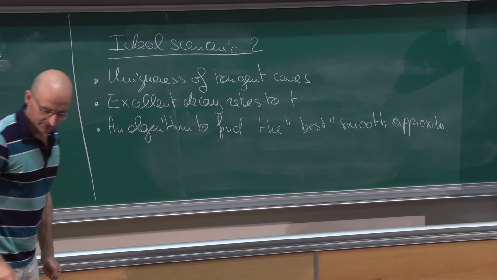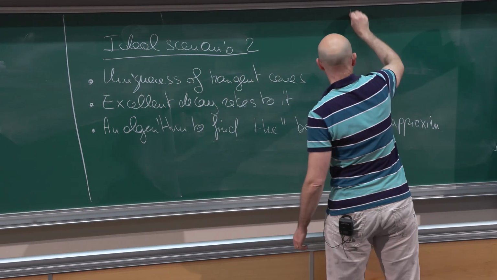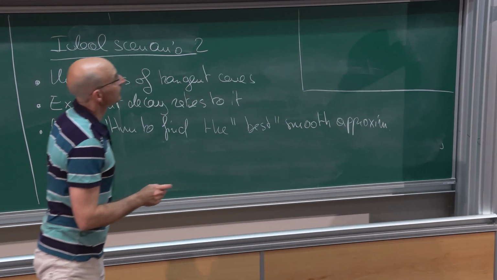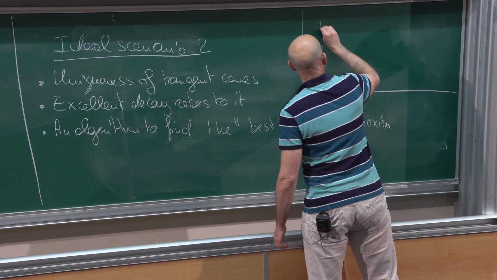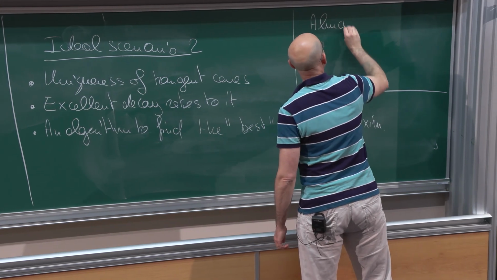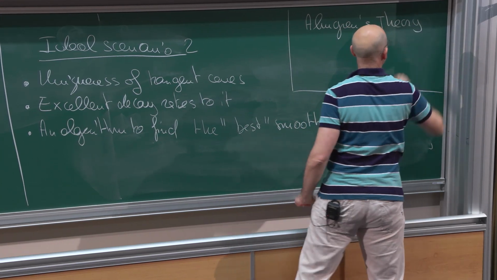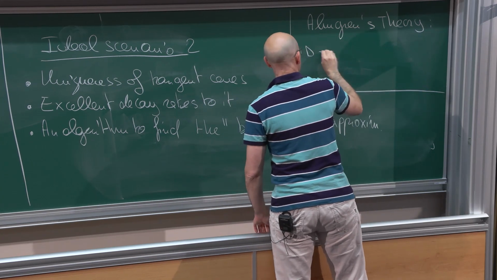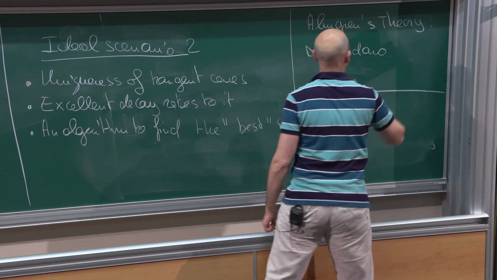OK, so fortunately, in a series of works which I started some 15 years ago, we have an understanding of Almgren's theory which is much more efficient than his original big regularity paper. This is through a series of work by myself and Emanuele Spadaro.